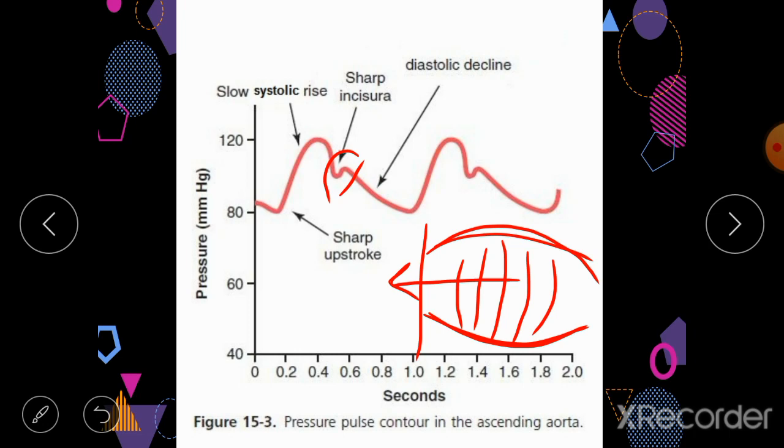After some time, the aorta recoils and pushes the blood towards the peripheral arteries. This results in the reduction of pressure in the aorta, and this can be seen by the diastolic decline in the aortic pressure.